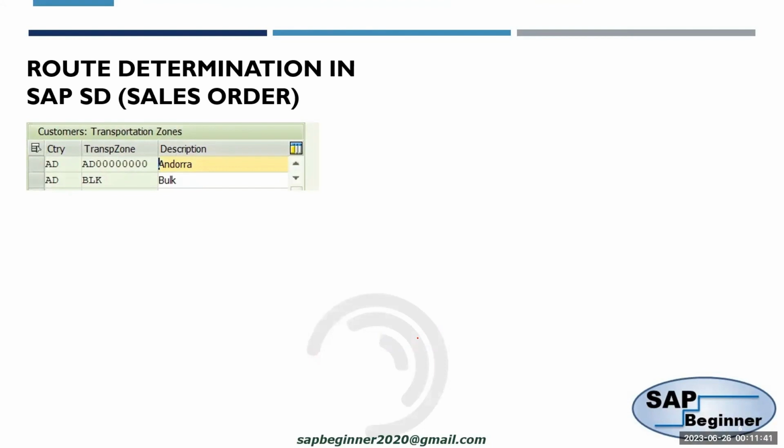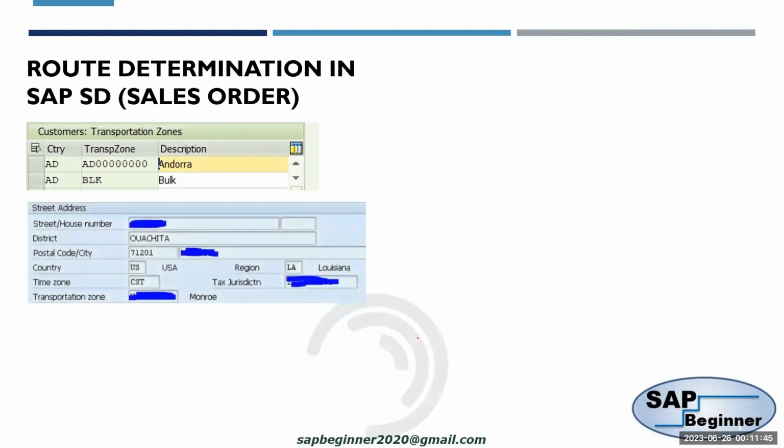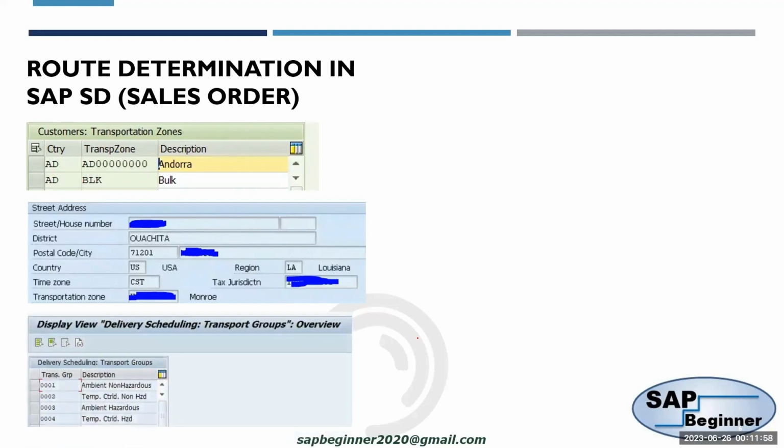Now, as we have seen all the configuration settings, this is how the transportation zones are maintained for customers, country and transportation zone. Then this comes the transportation zone which is maintained in the ship to party in the general address in the general data tab. Then it comes to transportation groups which we maintain in material master. To highlight over here, most of the clients, most of the companies use standard transportation groups.